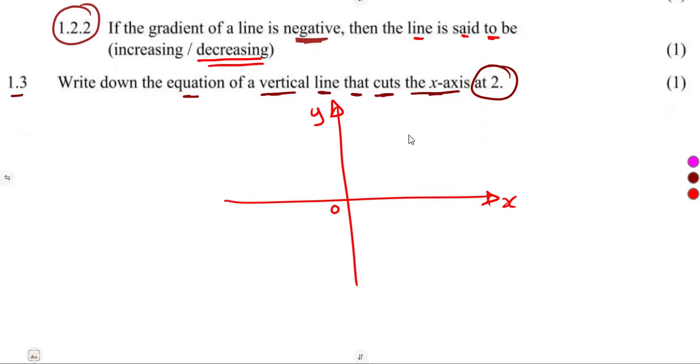Passing through the x-axis at 2. Remember the x values will be 0, going this side, 1, 2, 3, and so on.